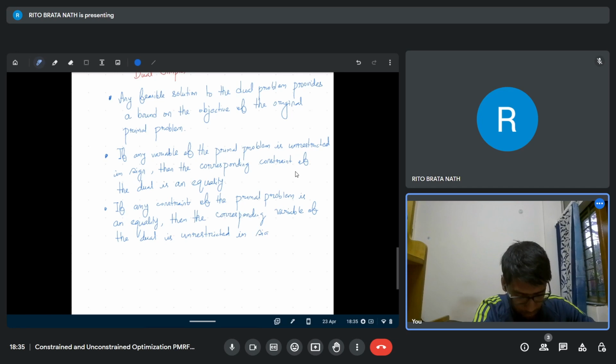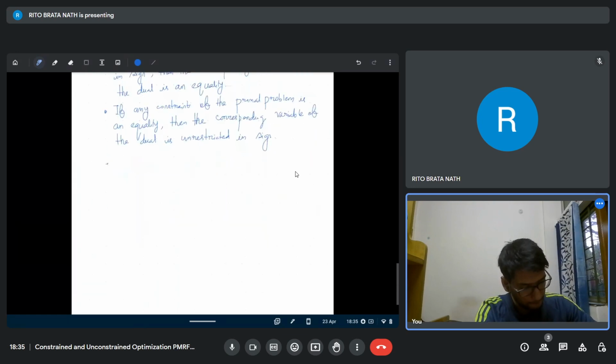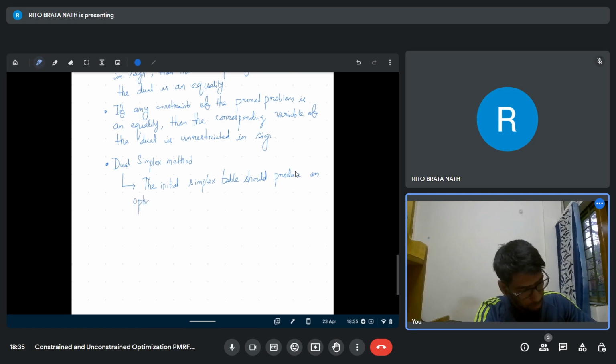And yeah, the other things, for the dual simplex method, the initial simplex table should produce an optimal and infeasible solution.